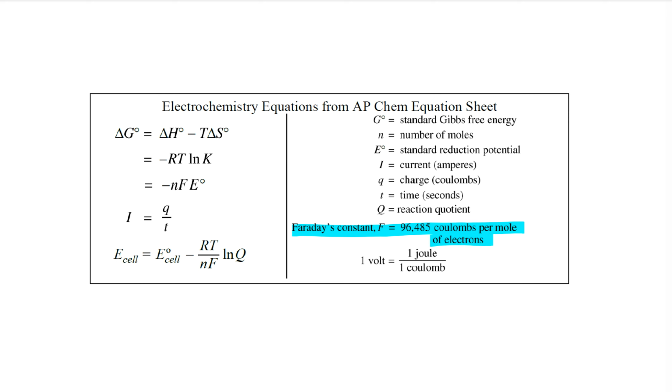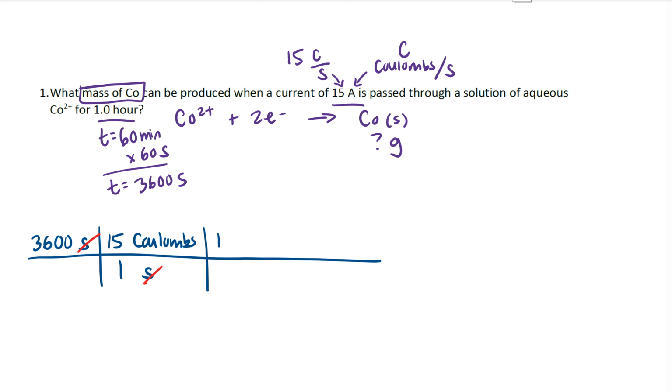So that's my unit conversion between coulombs and moles of electrons. So 1 mole of electrons is equal to 96,485 coulombs of charge. Coulombs cancel out, and we now need to cancel out those moles of electrons.